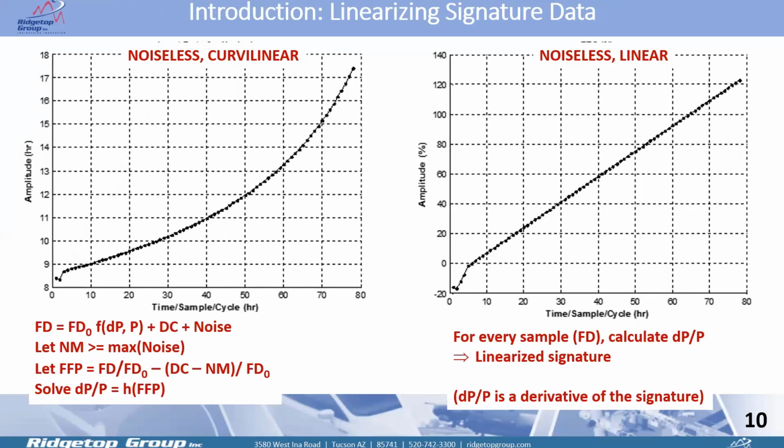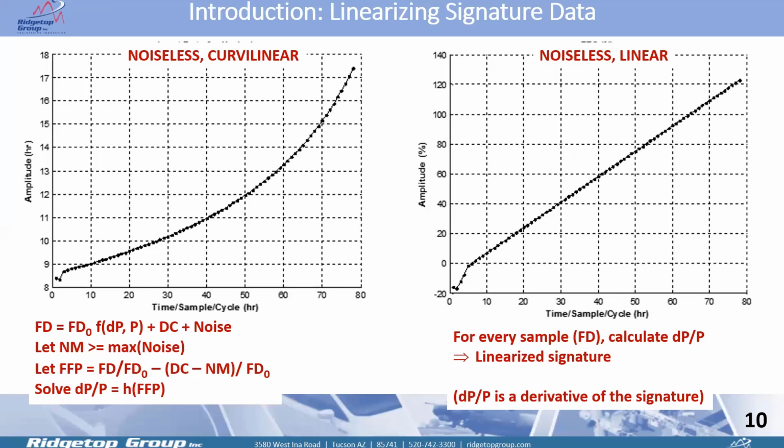Okay, now that you have the feature data, it consists of, for example, DC, noise, and small signal variation. The small signal variation is the first term in the FD equation. What we actually do is take this data and perform the FFP transform, and that gives us dimensionless data.